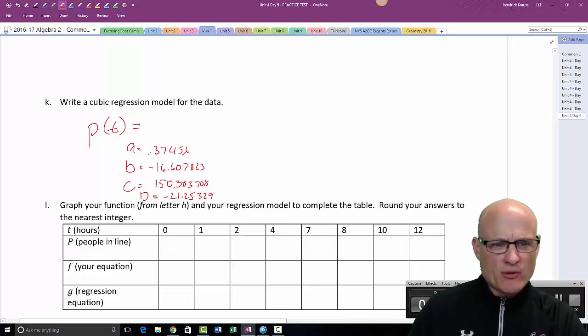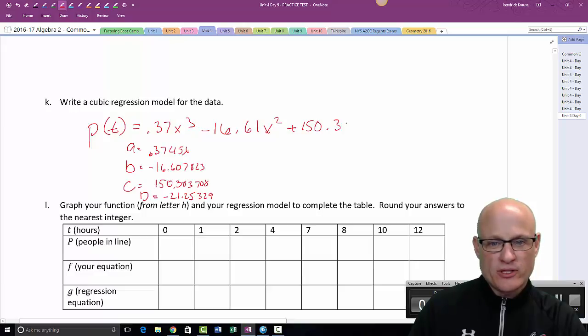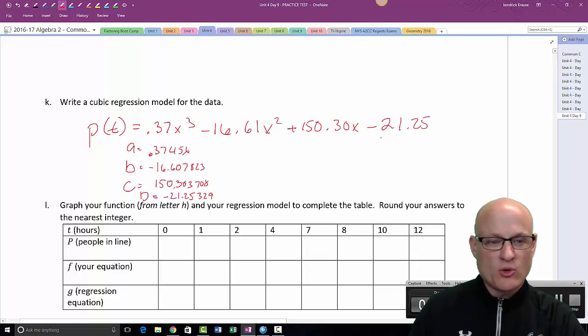So my equation, let's say we round to the hundredths place, is 0.37x cubed minus 16.61x squared plus 150.30x minus 21.25. There's my cubic.